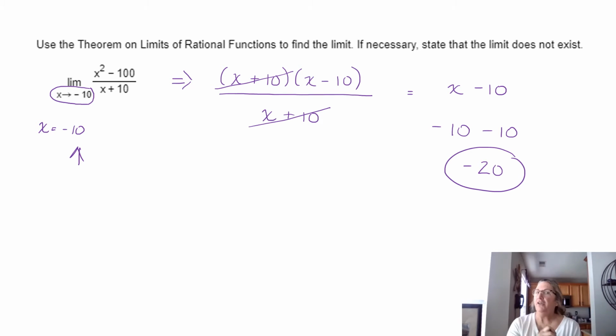But I want you to understand that it is approaching, and that's why if we plugged it straight in, it blows up, it becomes undefined. But when we take out that part of the function, we'll find that as it approaches negative 10, the limit is negative 20.